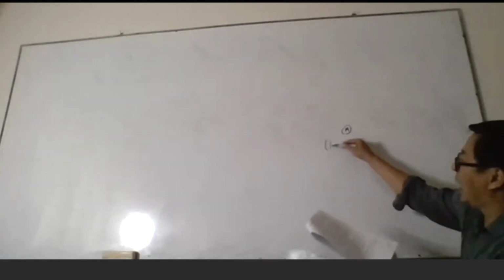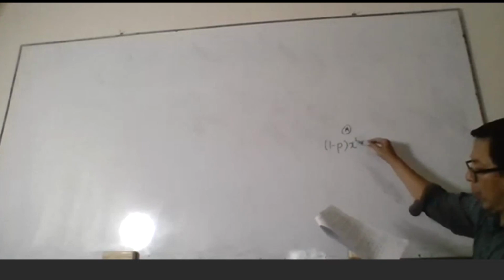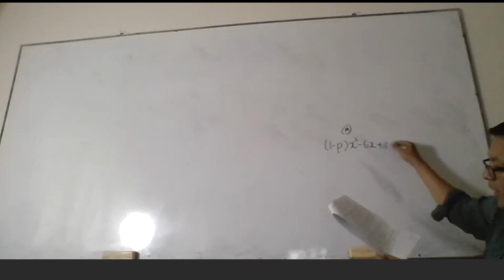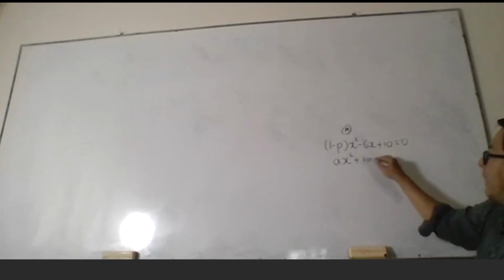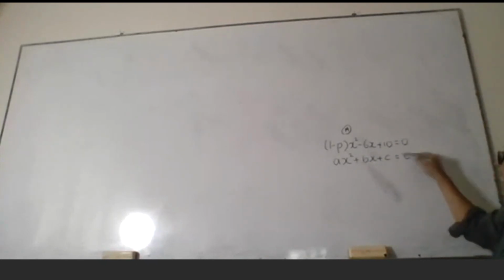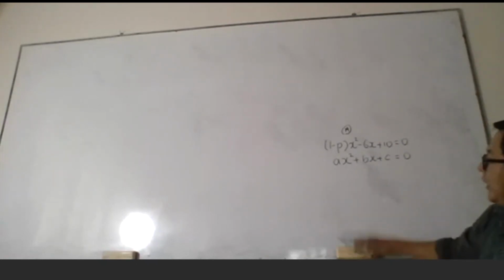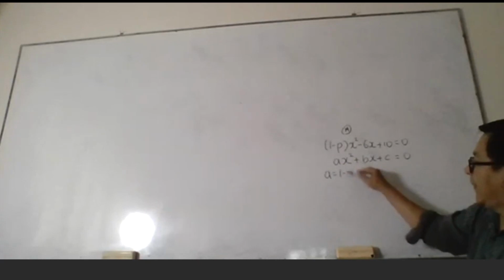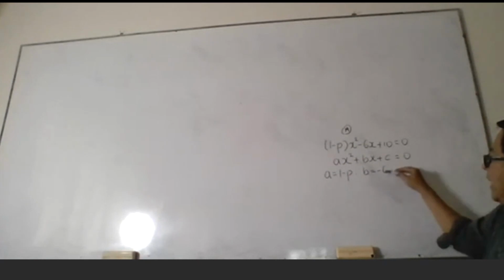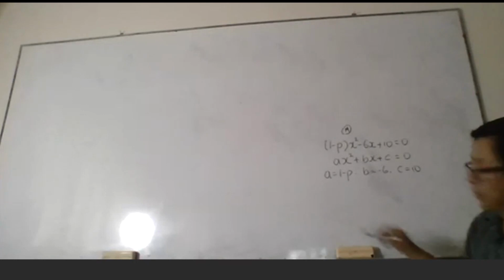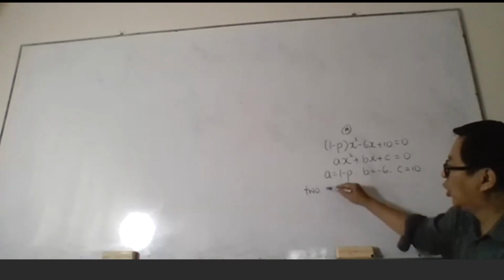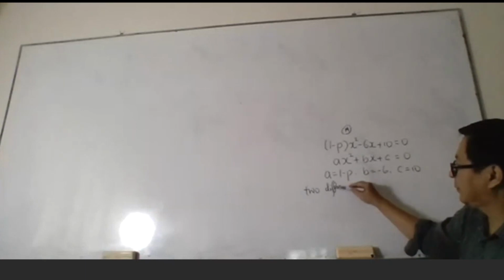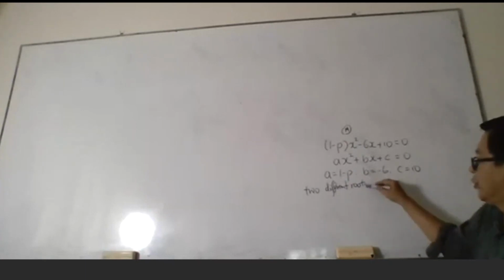Here they say that (1 minus p)x squared minus 6x plus 10 equal to 0, and ax squared plus bx plus c equal to 0. So we can get the value of a, and I can get the values of b and c as well. Here they say that the quadratic equation has two different roots.